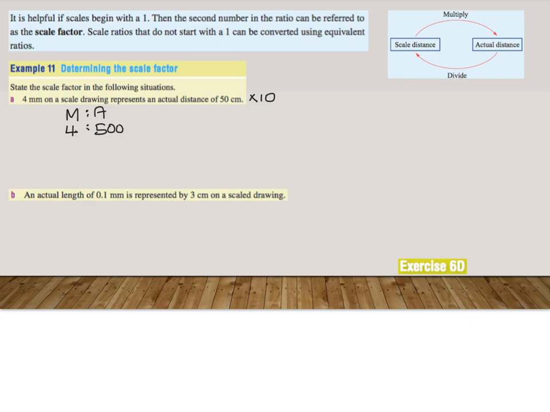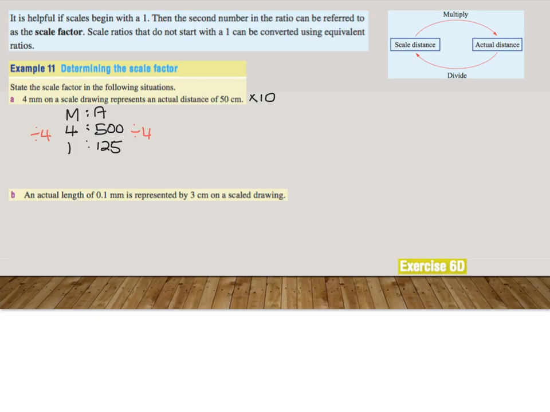Now it's important that the units are the same. What I have to do now is make sure that I have a 1 at the first point, which means to get a 1 I'm going to use the unitary method. If I want the 1 here, I have to divide by 4. So I'm going to divide by 4 on both sides, and 500 divided by 4 is 125.